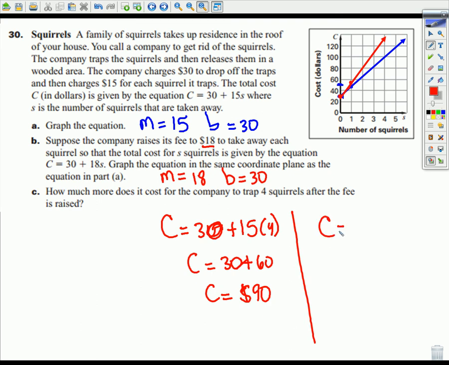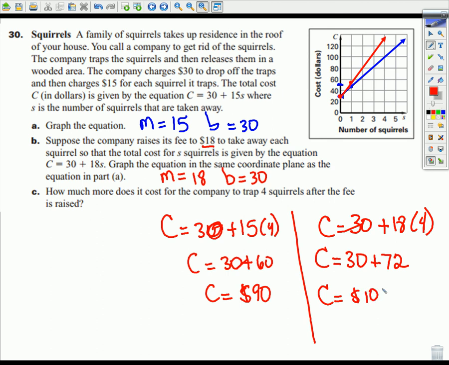And now when they make the fee go up, it's 30 plus 18 times 4. So the cost is 30 plus, let's see, that's 72. So the cost is now 102, but it says how much more.